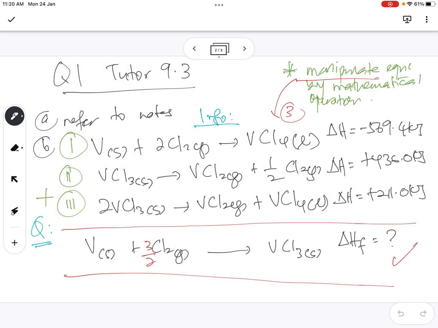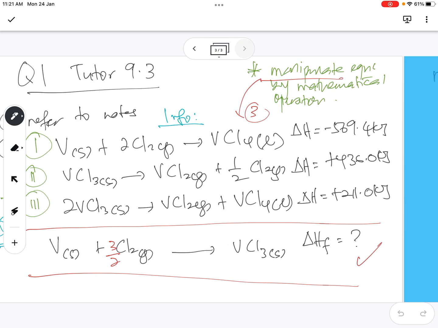Okay, one we have reversed, the third equation. Then we look at the other equation, the second equation. We have VCl3 and VCl2, and we compare Cl2. Where do we manipulate? We write equation 1 and 2 first on slide number 3.